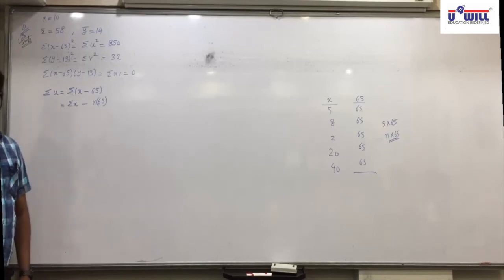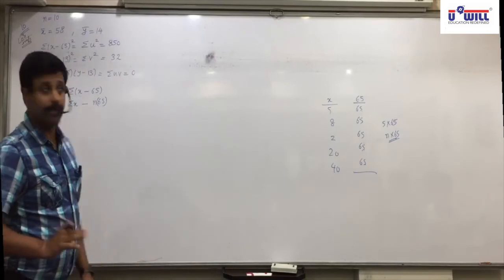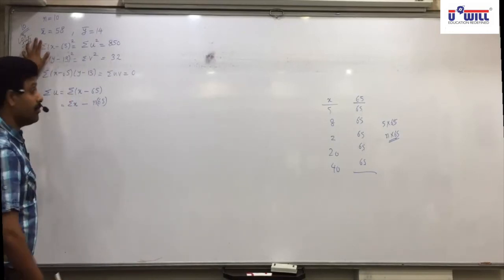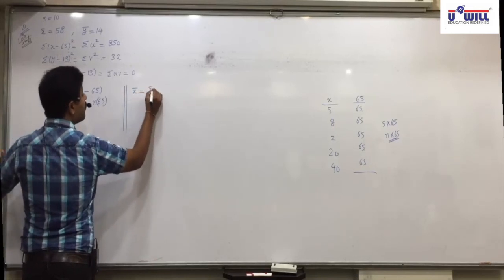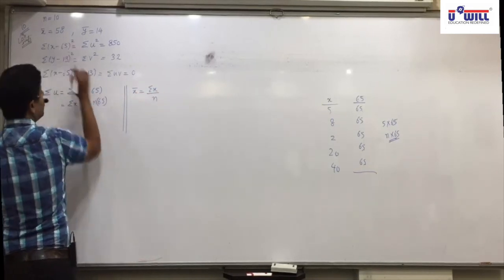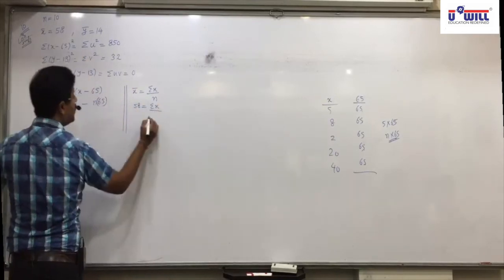This you must be able to tell me. Charuda? 58 into 10, from x bar. How will we find sigma x from x bar? What is x bar equal to? x bar is 58. Sigma x upon n is x bar, and n is 10.